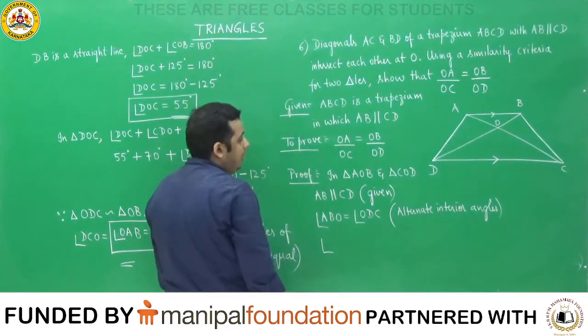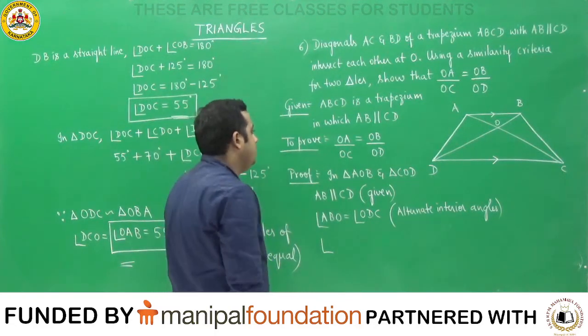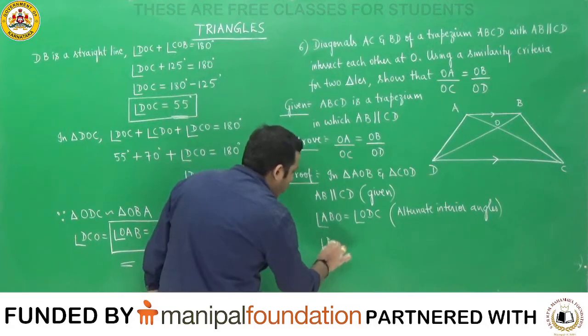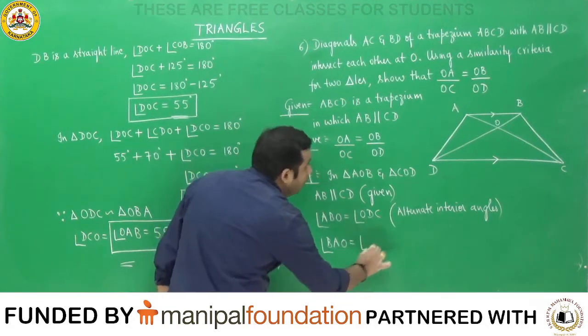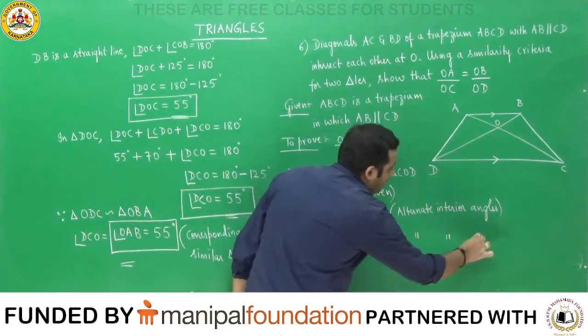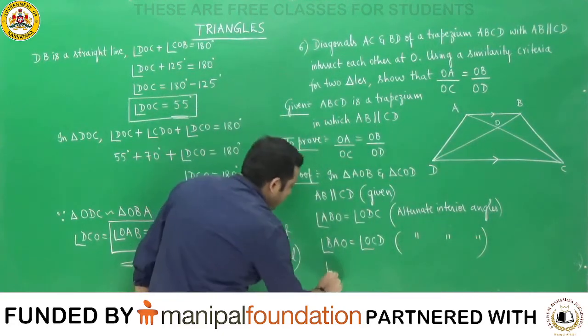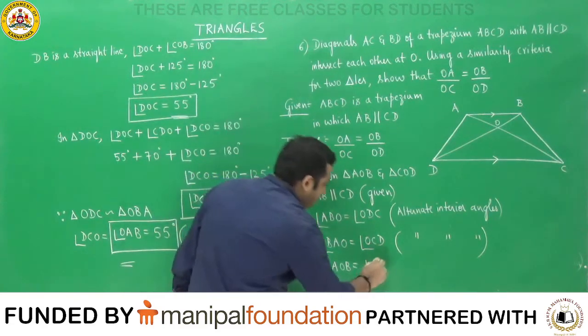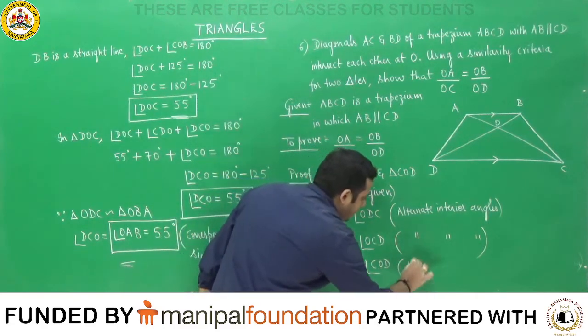Similarly, angle BAO is equal to angle OCD. It's the same thing, alternate interior angles. And angle AOB is equal to angle COD.